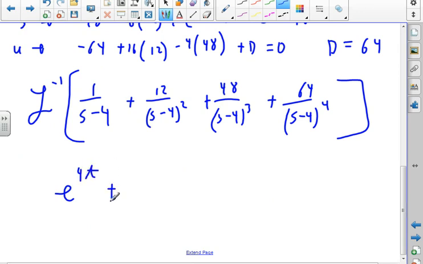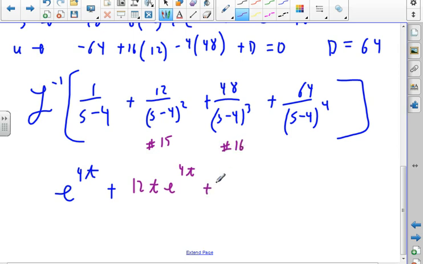And what in the world do I do with that guy? Okay, that's number 15, and I get 12t e to the 4t. And this guy here is going to be number 16.